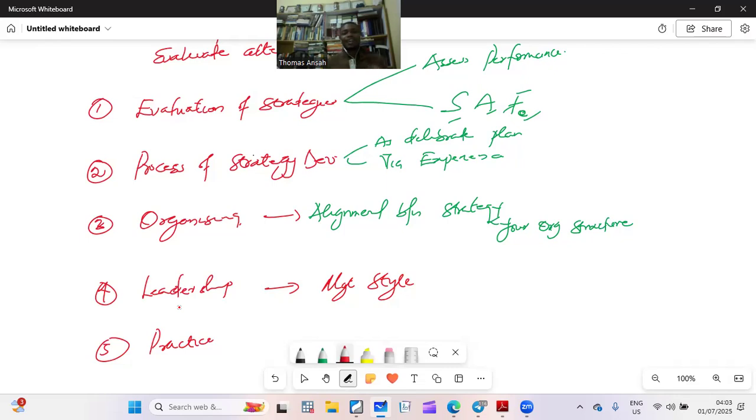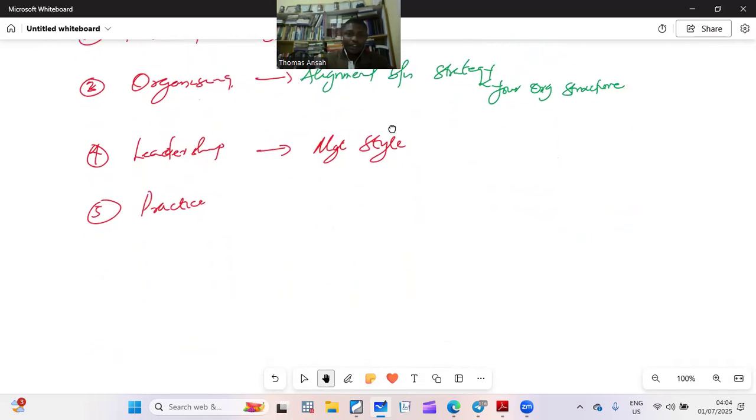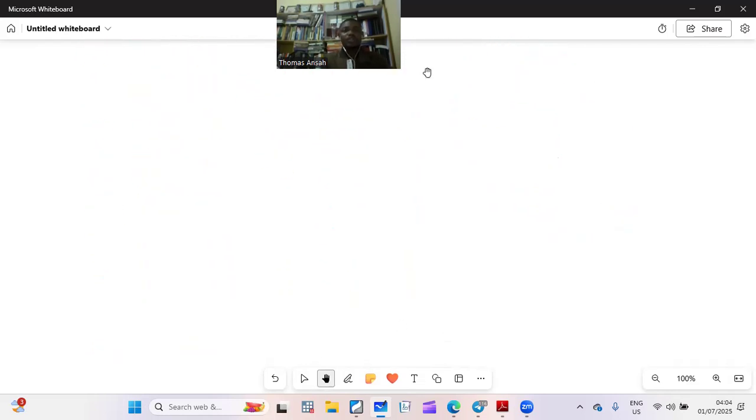So this is the last phase, and these are the processes you go through in the exams in actually doing your case study. If you get a paper, the first thing you do is to evaluate the current situation of a business. So the first thing you do in the exams is evaluation of strategy.